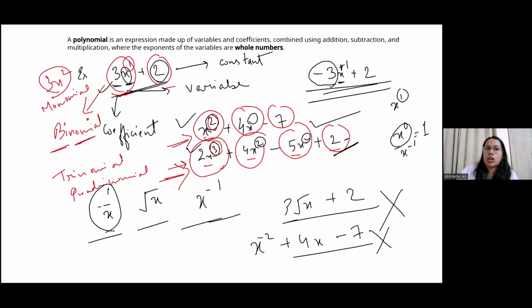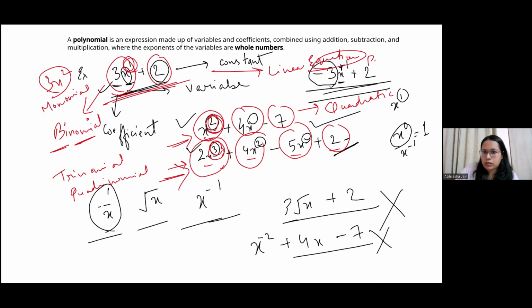Now, based on the highest power, there is another name for the equation, which is called a linear equation. This is called a quadratic equation, or linear polynomial, quadratic polynomial.